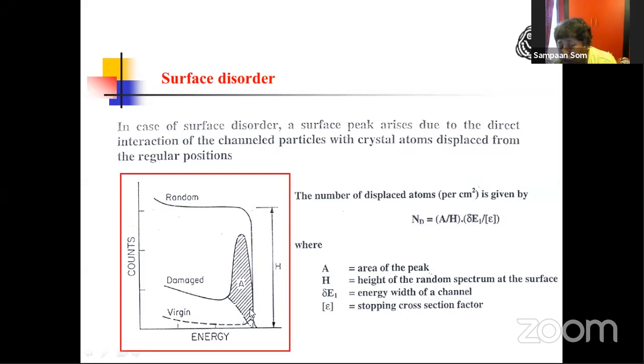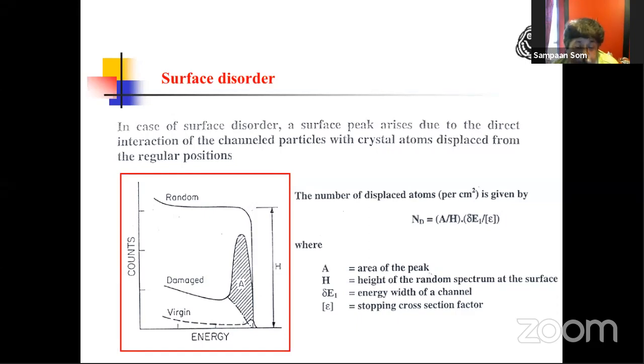Now, if the same sample undergoes ion implantation and is then channelized, you see that this surface peak becomes more prominent and spreads up to a certain depth, which is the depth of amorphization or disorderedness. And then automatically it is difficult to match the reduction in the silicon substrate signal, because it goes up, as expected.